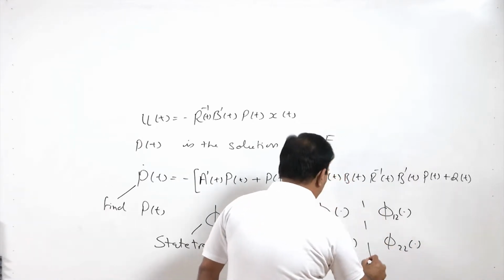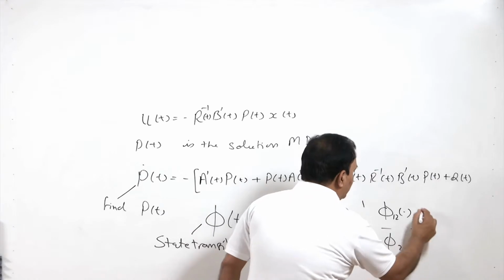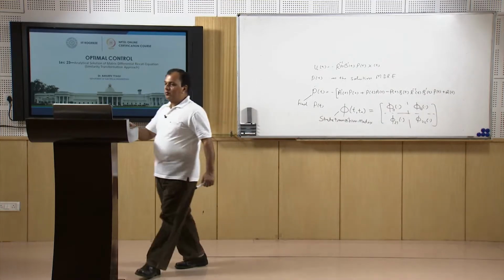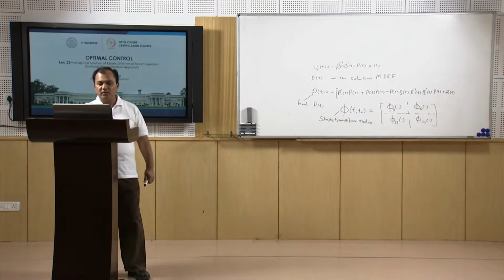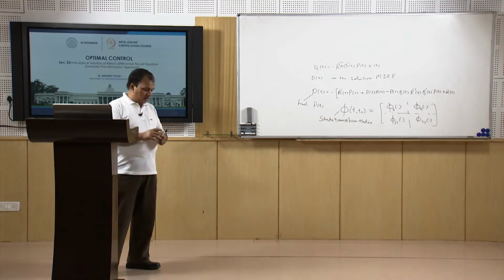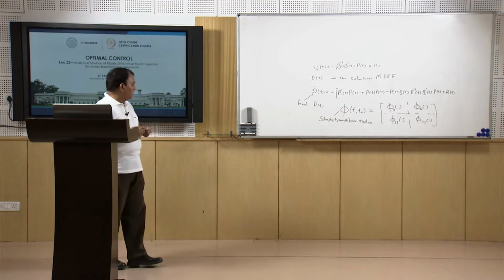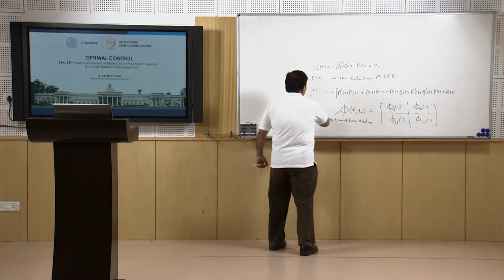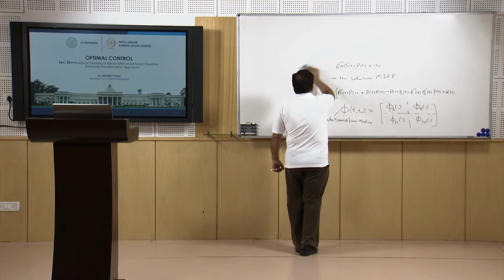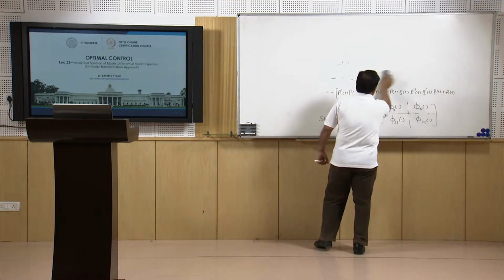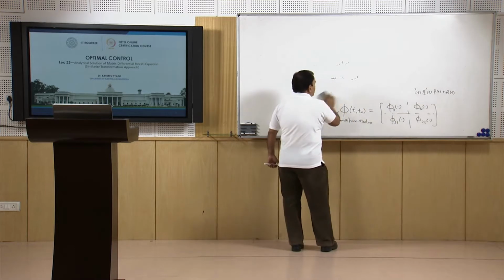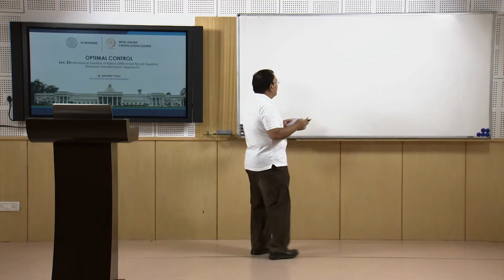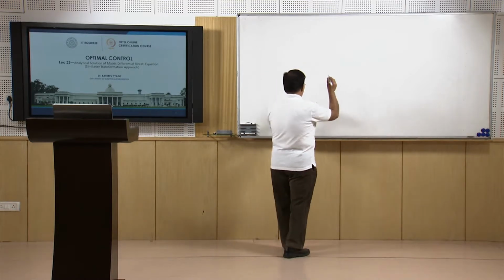If we partition the matrix in this form, then with the help of this we can find P(t), which we have seen in the previous class. First we will see the application of this, taking a very simple example, and see how it can be utilized to find the matrix P(t).